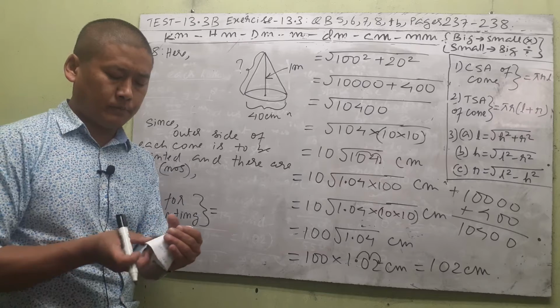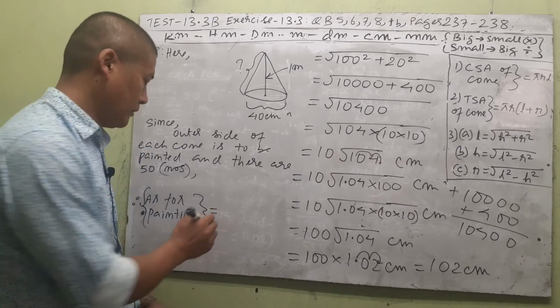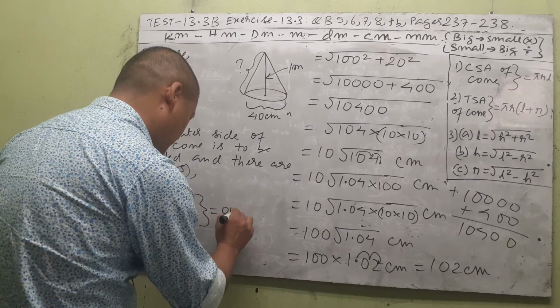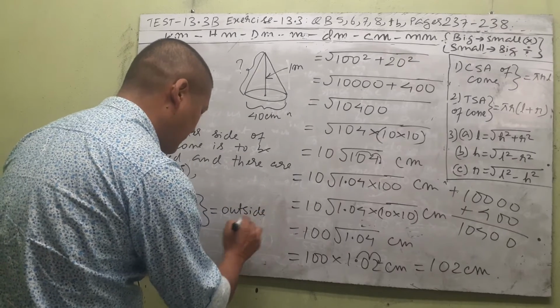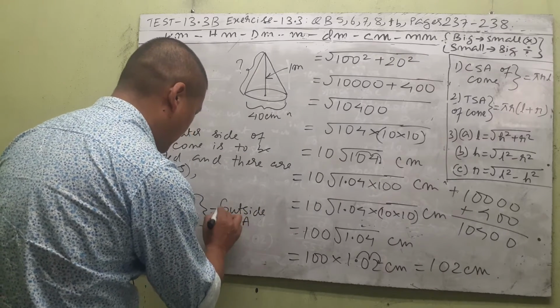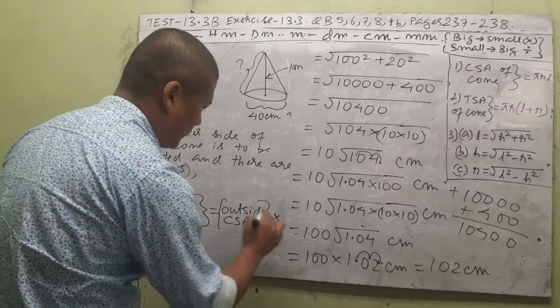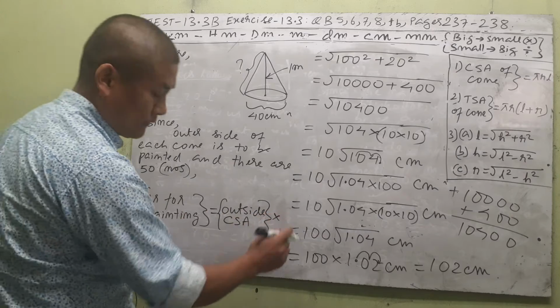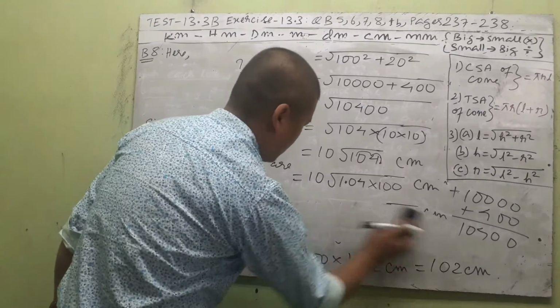So outside means outside curved surface. So outside curved surface area multiplied, for one cone it is this one. There are 50 cones, so we have to multiply that by 50.